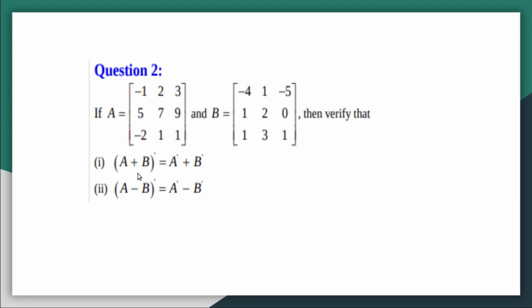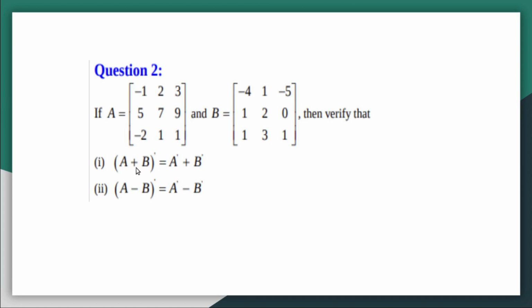To verify (A plus B) whole transpose equals A transpose plus B transpose, we have to find A plus B first, then its transpose. Then find A transpose and B transpose and the sum of these two matrices. LHS is (A plus B) whole transpose, RHS is A transpose plus B transpose.